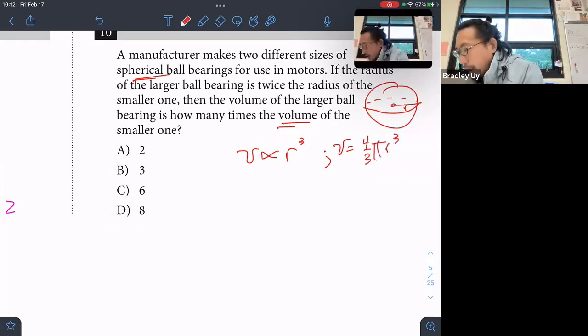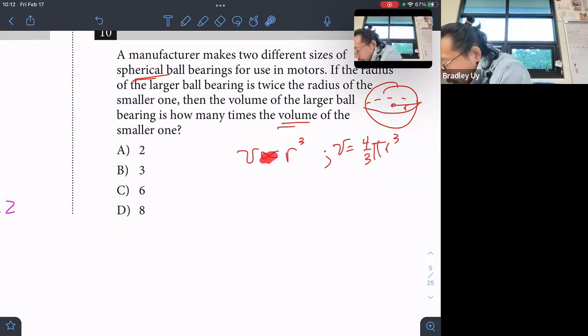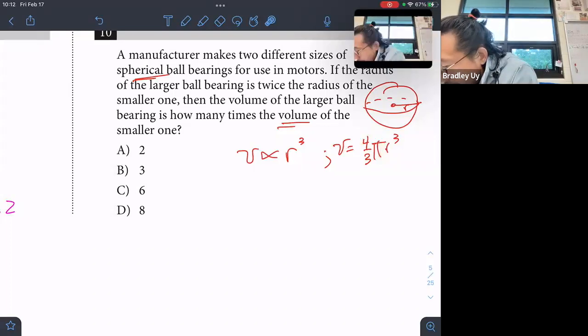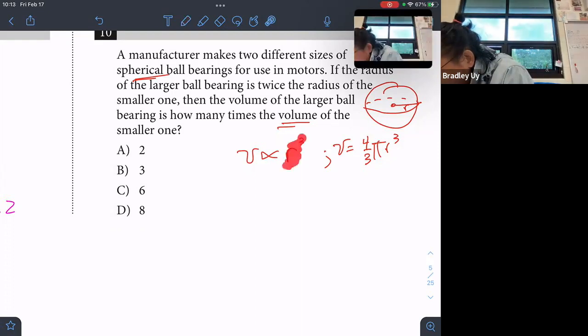A proportional statement just changes the equation into a proportion, and it ignores the constants. It just says that it will grow according to a cubic function, not the exact cubic function, but a proportionality says it will grow according to a cubic function.